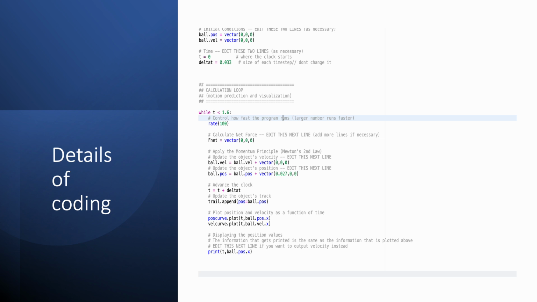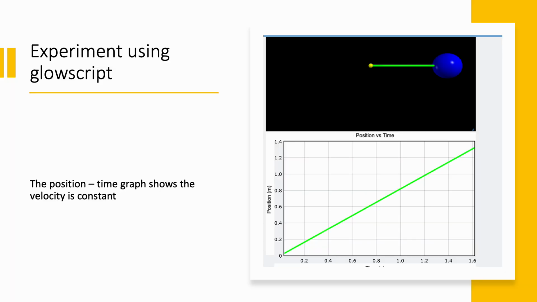To find the final position of the ball, I used the position update formula, and using that formula, I got 0.027 as the final position of the tennis ball. So once I run the code, this is the diagram I get, and this is the position versus time graph, the computational model. As you can see, the velocity is constant, and the total time taken is approximately 1.6 seconds.